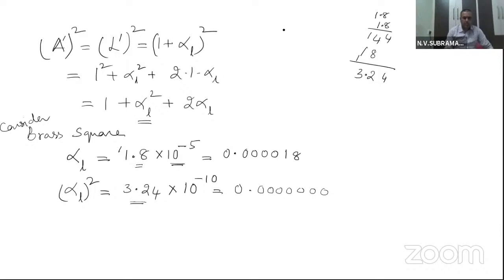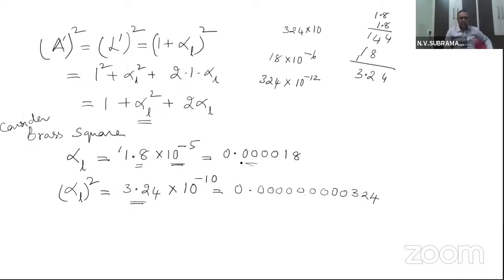This is 324 into 10 power minus 10, or 18 into 10 power minus 6, or 324 into 10 power minus 12, which means you will get 0.00000000000324. This is the value.